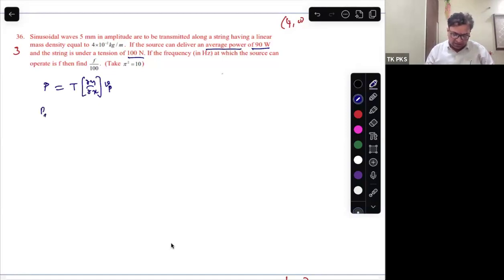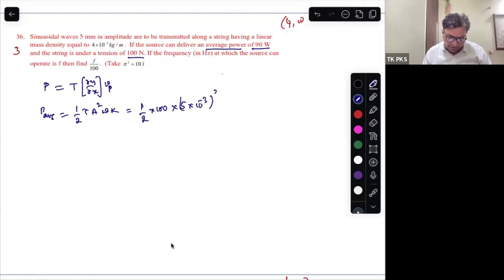What is the average power formula? Average power formula is half T omega K. If you remember this, it will come to you. There are different ways you can represent this, not an issue at all. Whatever the data is given, accordingly you proceed. Half into tension given 100 Newton. Amplitude also given 5 mm, 5 into 10 power minus 3, square.